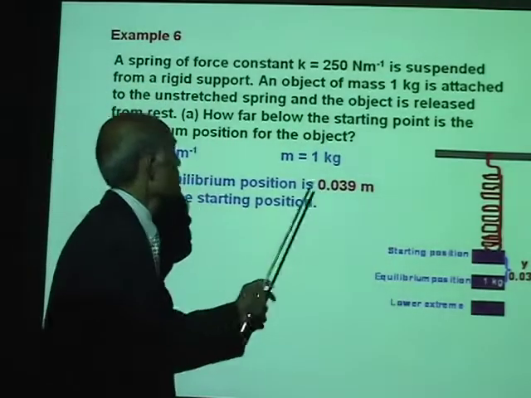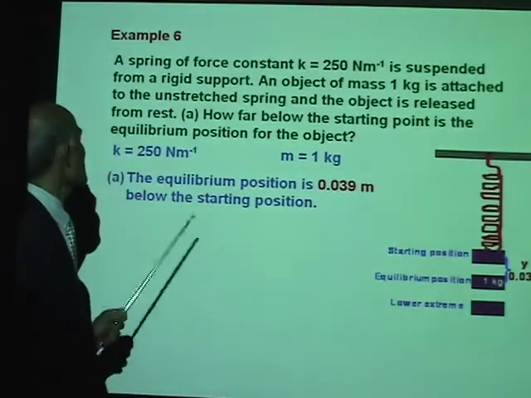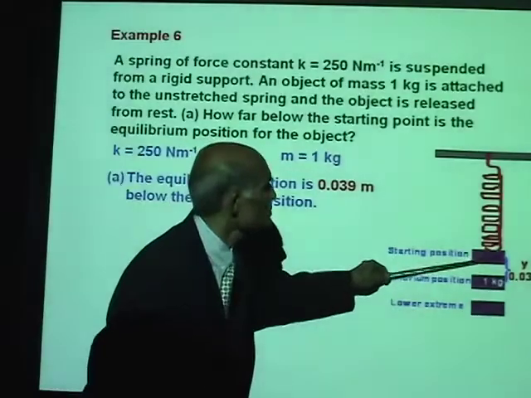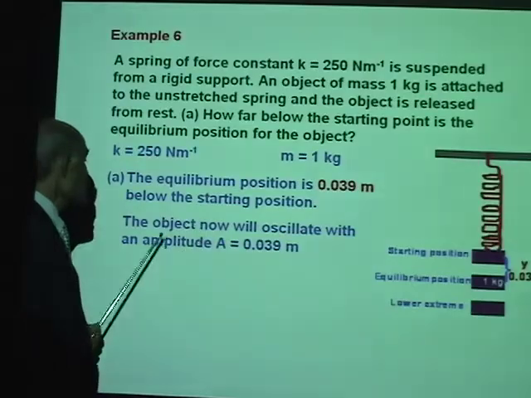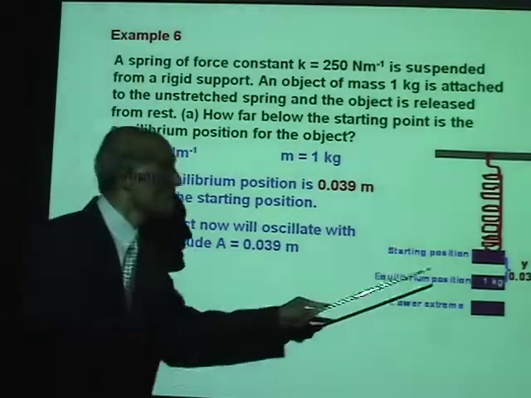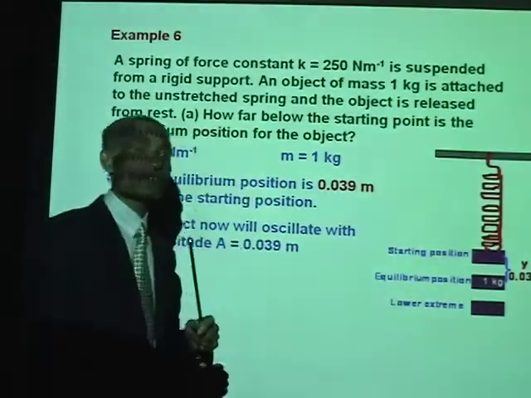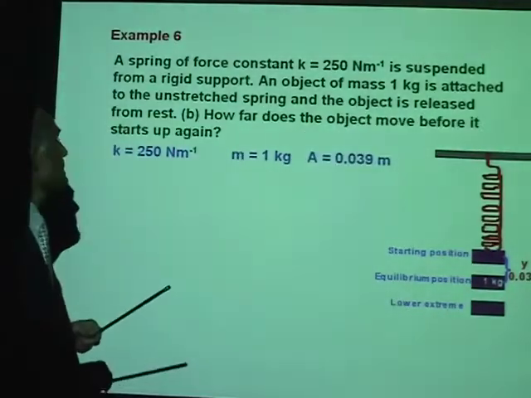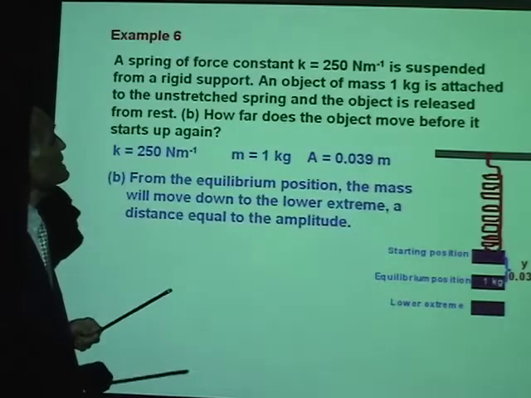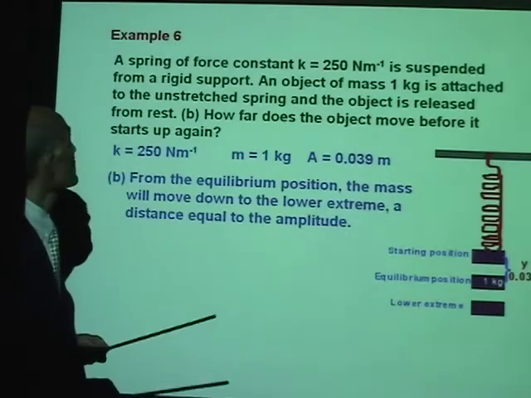Now, the equilibrium position is 0.039 meter below the rest position. The object now will oscillate with an amplitude, so that gives us the amplitude of oscillation. The amplitude of oscillation is now 0.039 meter. Well, in that case, where will be the lower extreme?